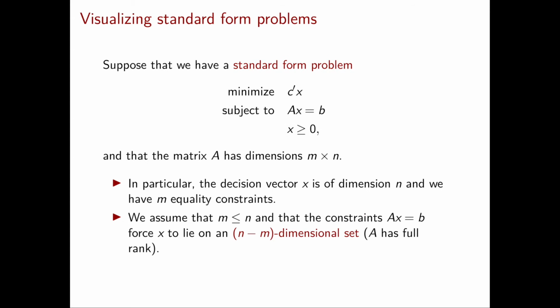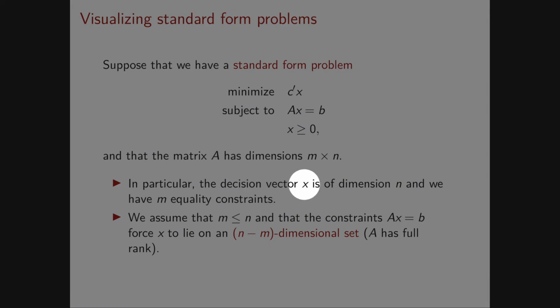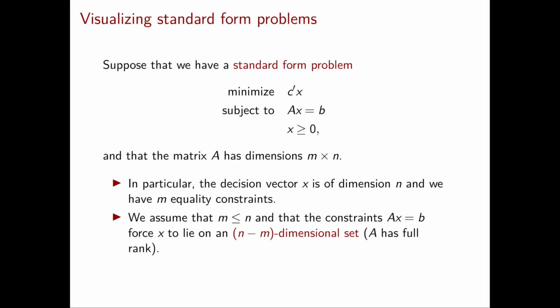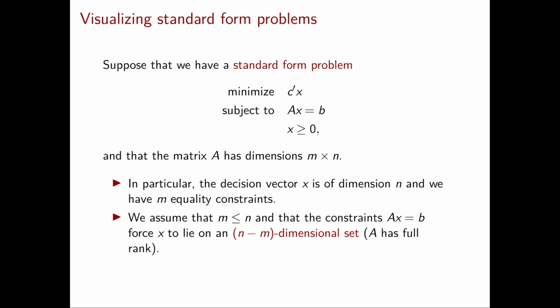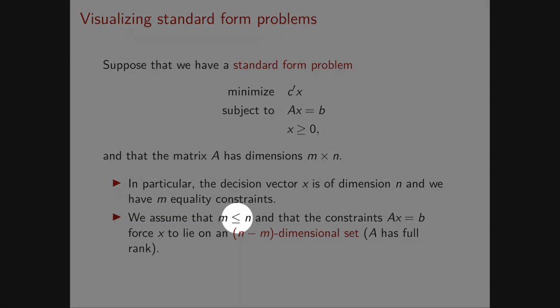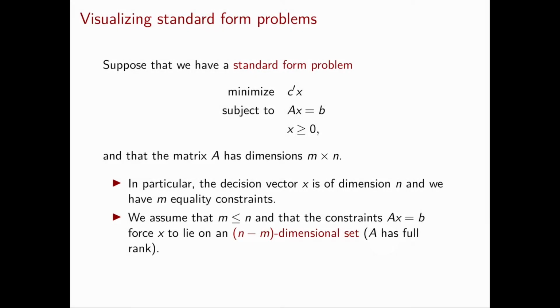So let's have a look at the standard form problem. And as we always do, we assume that the matrix A is m times n. This means that the vector x has dimension n, and we have m equality constraints. Let's assume that m is less than or equal to n, and that A has full rank.